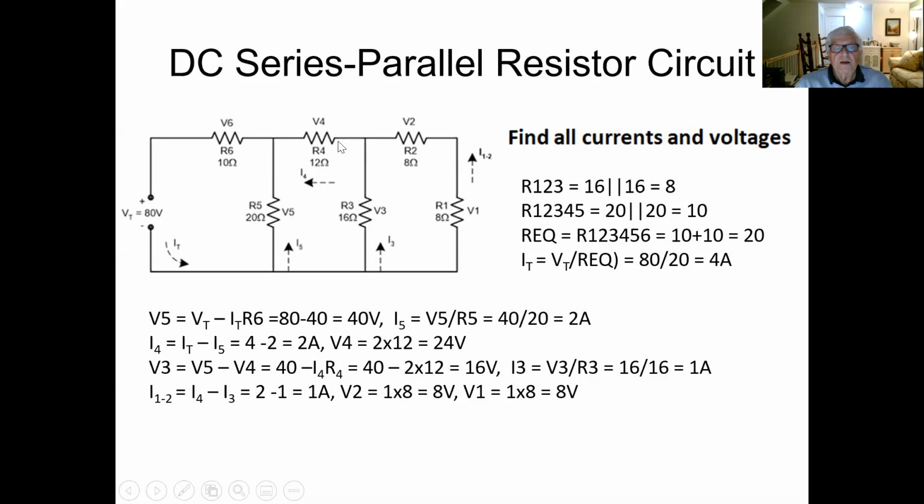In this case, we're going to figure out the equivalent resistance with R5, R4, and the 8 ohm resistor here. 8 is in series with the 12, giving us 20.